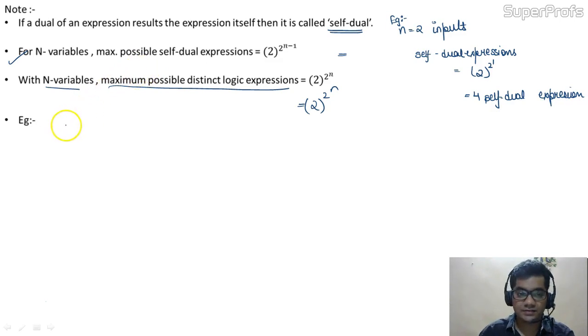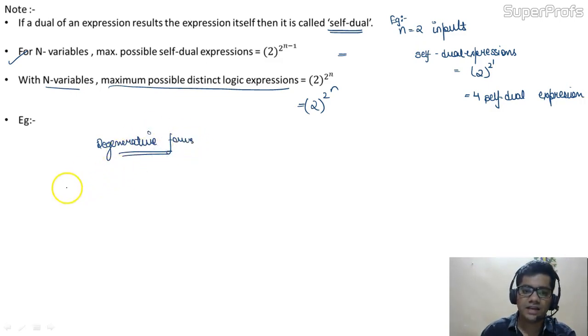Students, there is one point which is very important to remember while discussing the degenerative forms. While learning the degenerative forms, we made a table for the non-degenerative expressions. What were the non-degenerative forms?